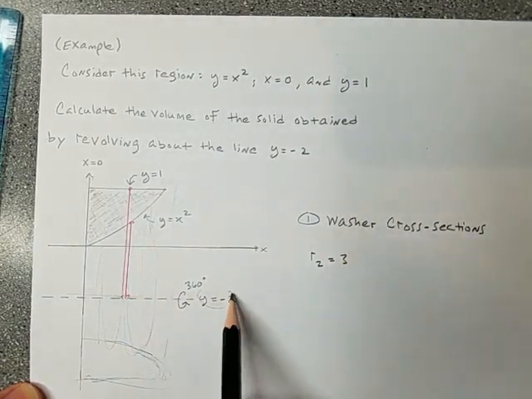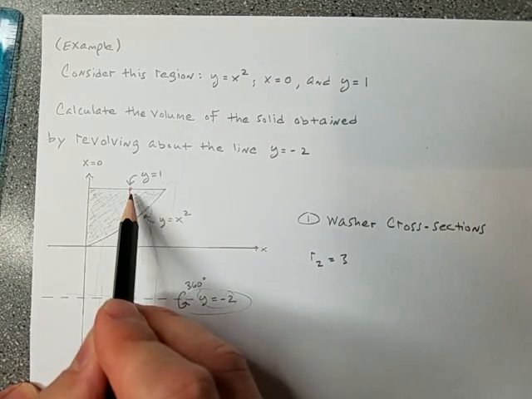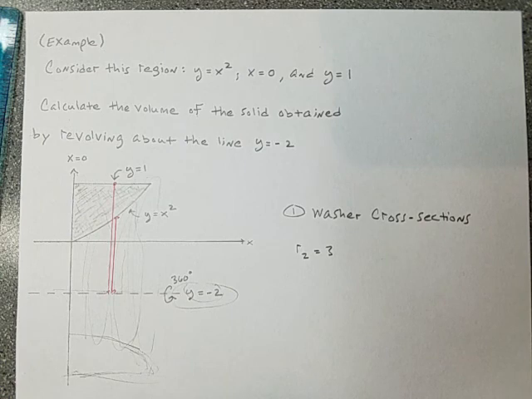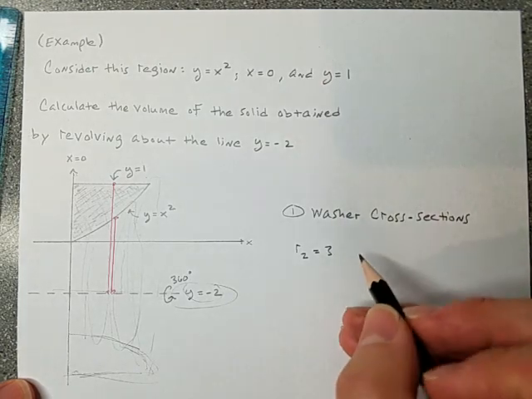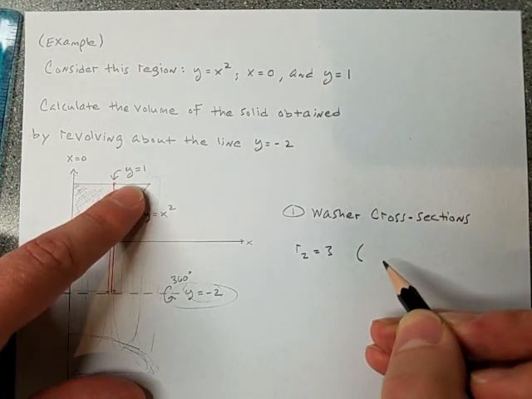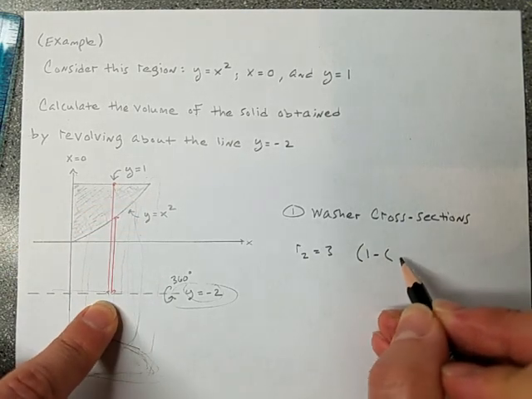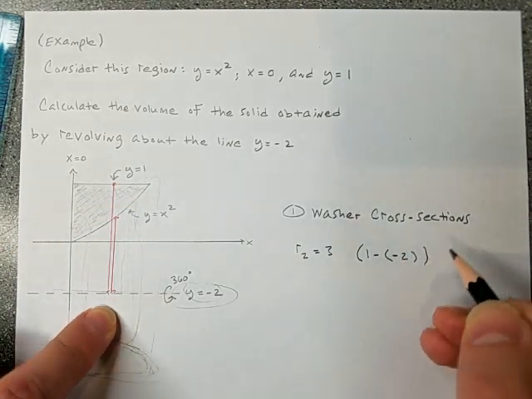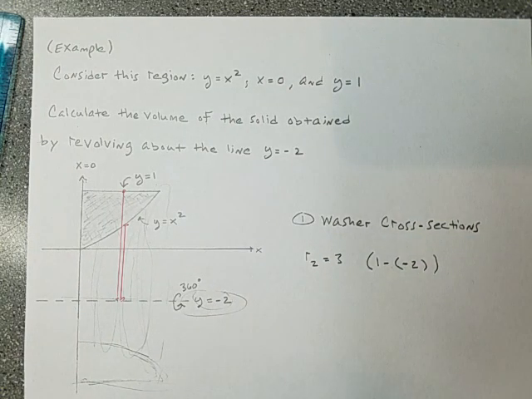If this line is 2 spaces under the x-axis and that line is 1 space above it, they're 3 spaces apart. That's just how it is. I suppose you could see that as the y-coordinate on that line minus the y-coordinate on this line, if you wanted to, but I was hoping you'd just see that it's 2, that's 1, so they're 3 apart.